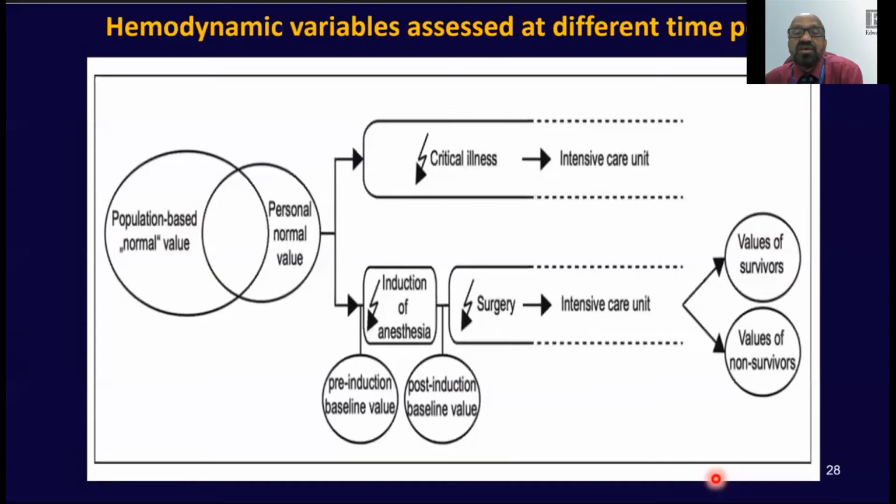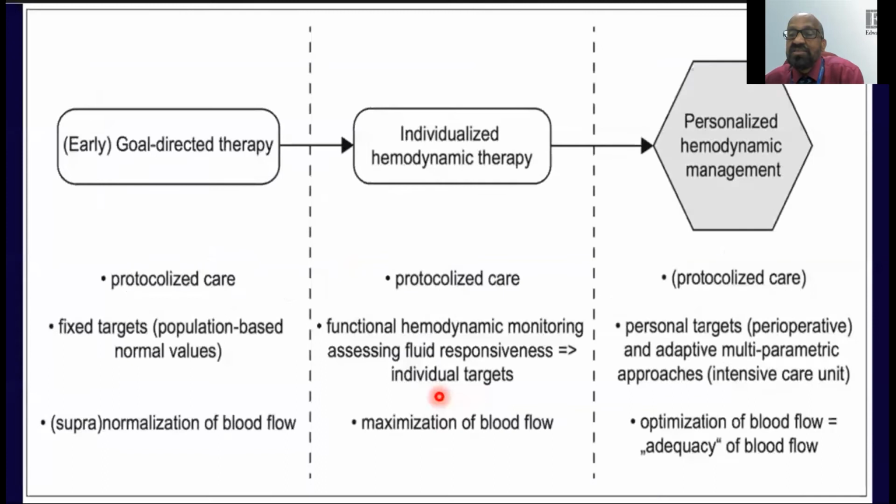So these are the hemodynamic variables assessed at different points of time in the operating rooms and the ICUs. The question is whether we should take the population-based normal values or the patient's blood pressure in the ward before the surgery, or whether you should take the pre-induction values or the post-induction values and guide the therapy. For this, different concepts of hemodynamic therapy have been proposed.